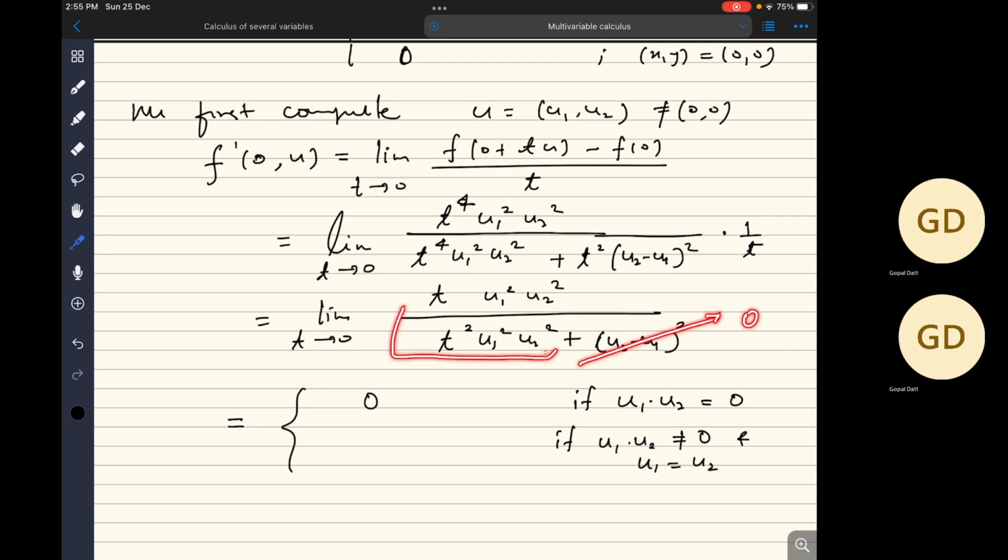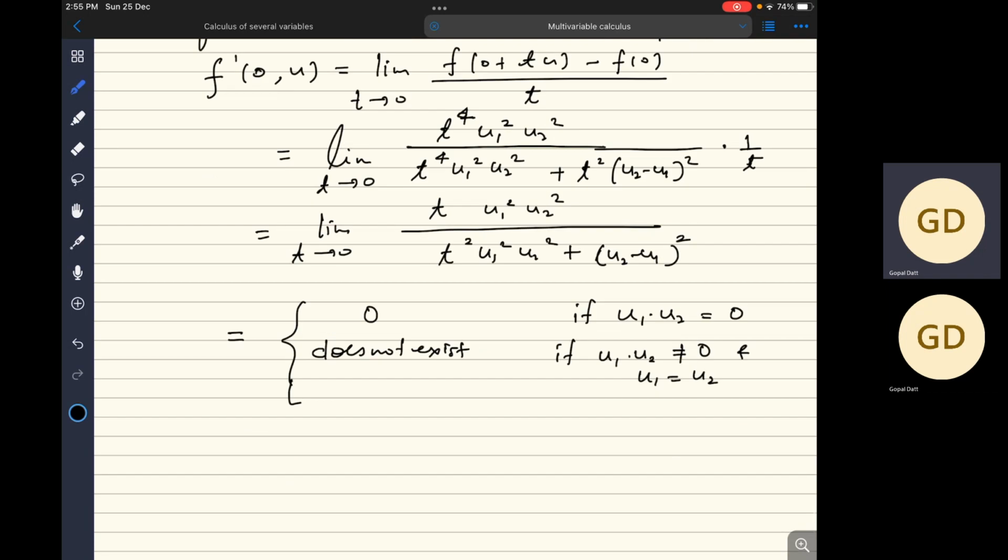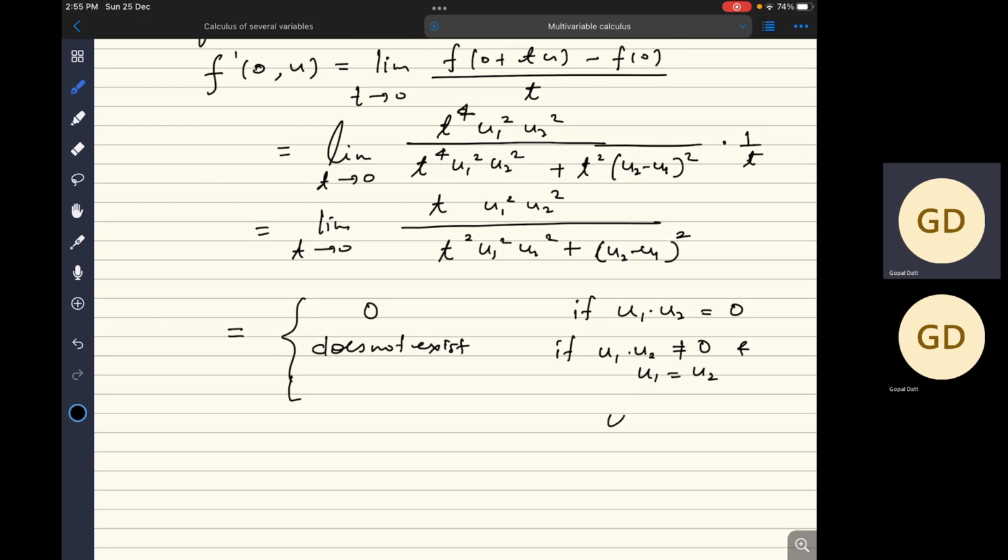So we have this thing, and this gets cancelled, t by t square, so we get 1/t, limit t goes to 0. So this limit does not exist in this case. Another case is when u1 is not equal to u2 and u1 u2 is non-zero.